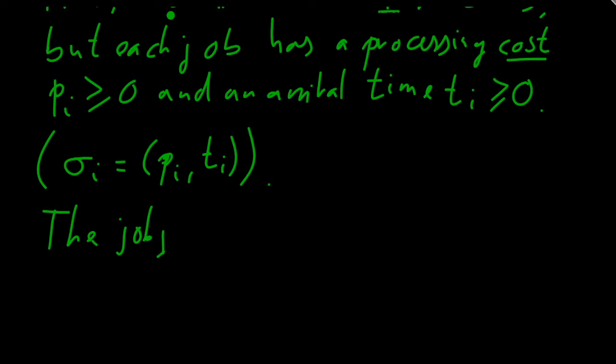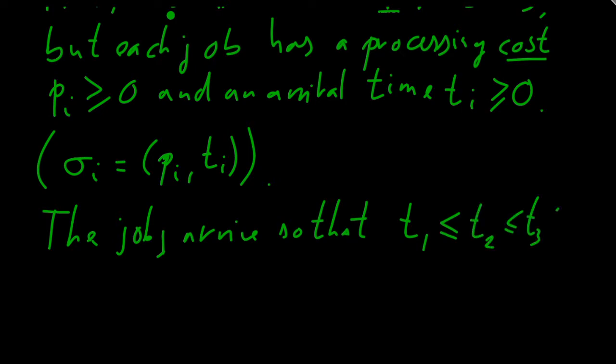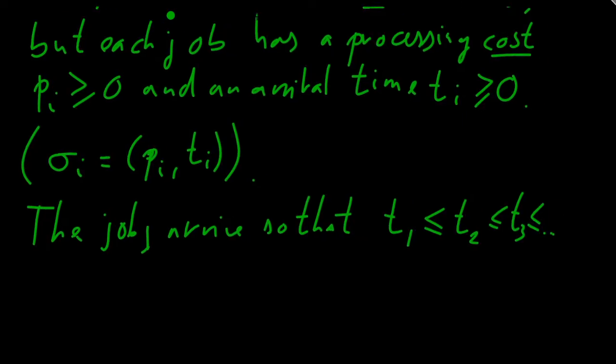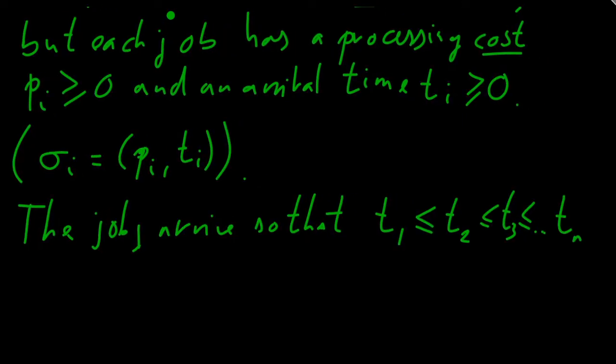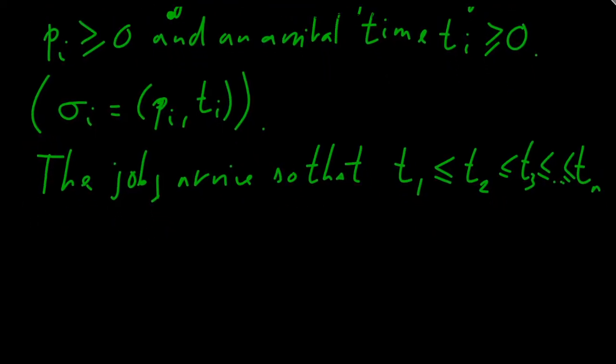So the first request comes earlier than or at the very same time as the second and the third, and so on. Usually n is the size or length of the input, which we do not know in advance in this model as well.